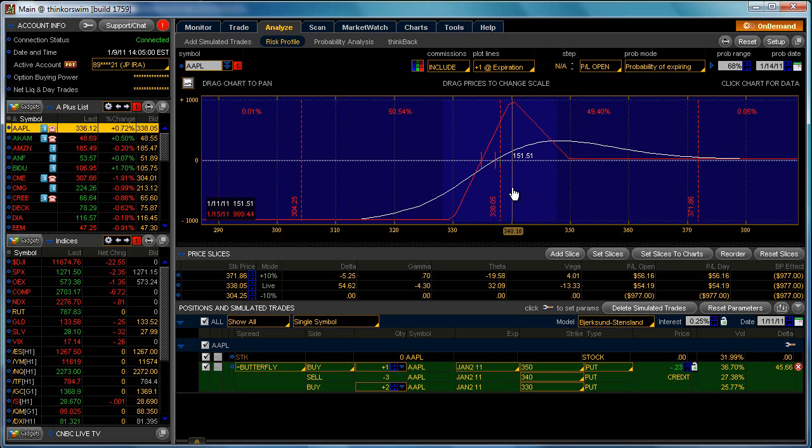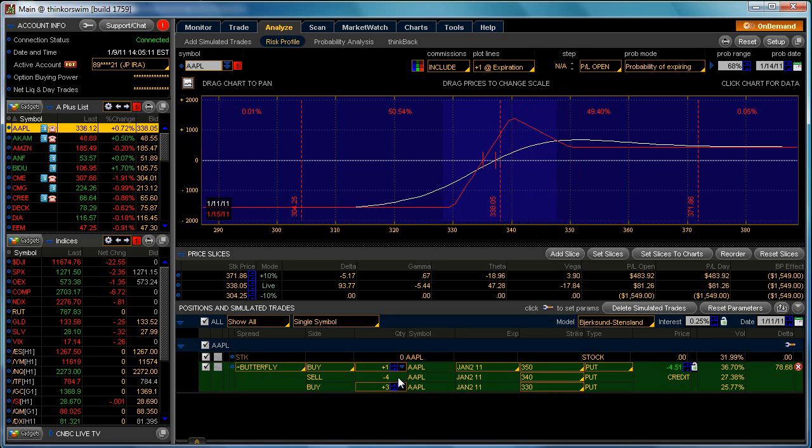If you think it's going to end up at 340 or higher, what you can do is bump up your 330 put here. Instead of 2, you do 3, and that also increases your 340 short. And look what happens here. You put a little bit more money in, you doubled your risk, but you have a 1-to-1 reward here at 340, similar to what you would get with your normal butterfly.